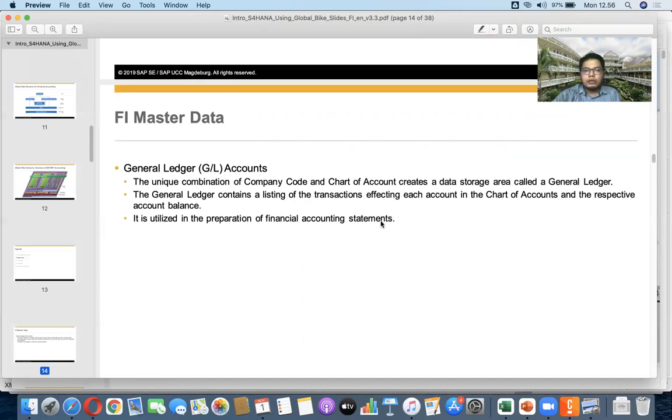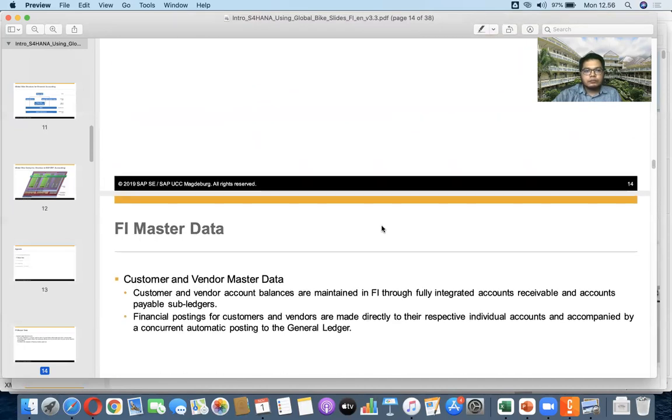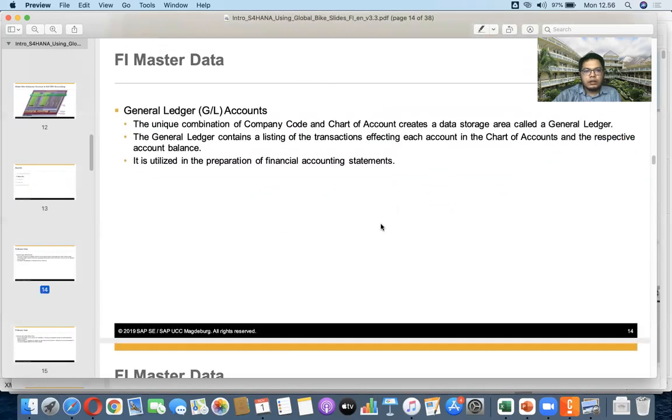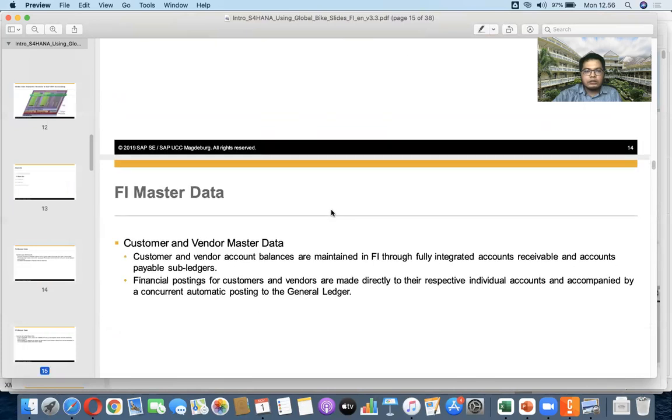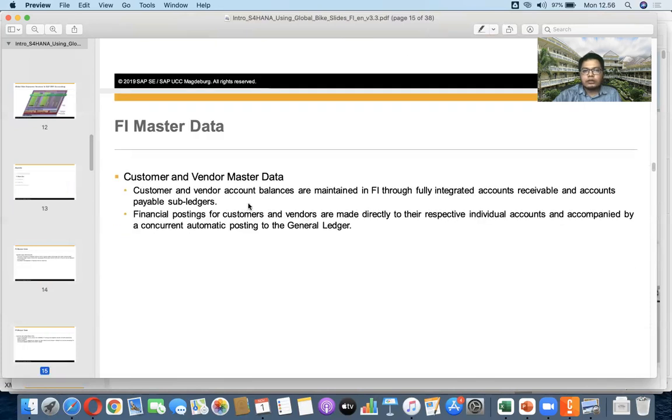Alongside the general ledger there is also the customer and vendor master data. You can also find that the customer is from the SD module and the vendor from the MM module, so they are related.